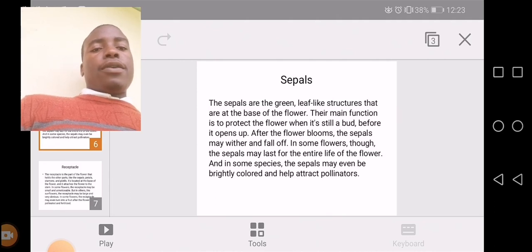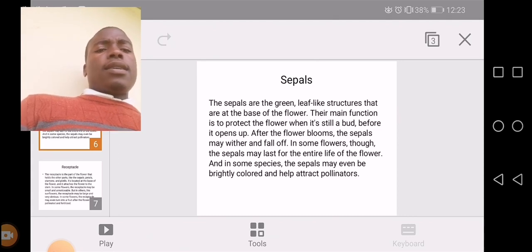We have the sepals. The sepals are the green leaf-like structures at the base of the flower. Their main function is to protect the flower while it is still a bud before it opens. After the flower blooms, the sepals may wither and fall off.